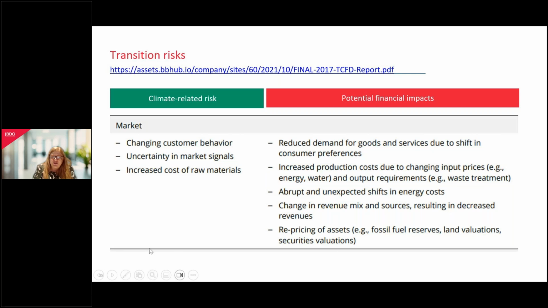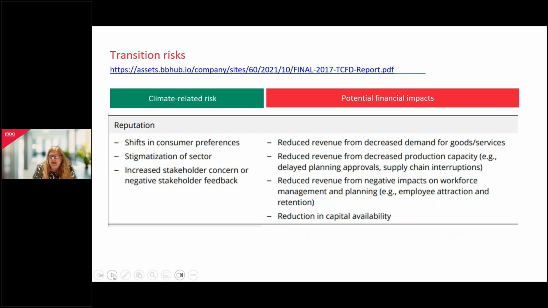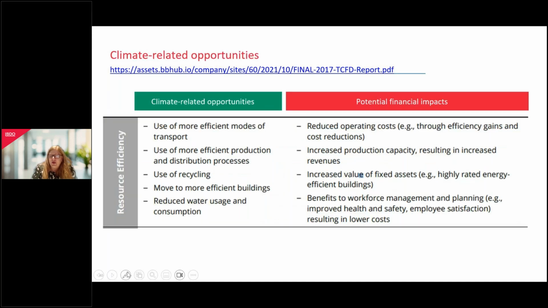Maybe there's changes in our revenue mix, etc. Reputation, again, around demand for goods and services. It would be a worry if we've got decreased production capacity, or if we've got problems in planning approvals or supply chain disruptions. And again, the ability to attract a workforce, and maybe the health of that workforce, and then maybe capital availability. So these are all good suggestions for metrics that you might want to monitor.